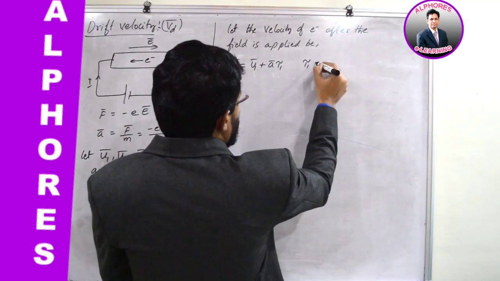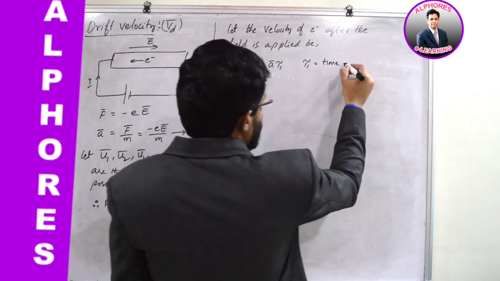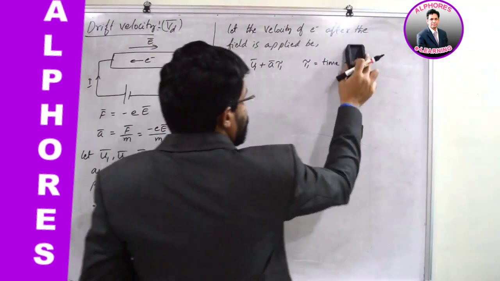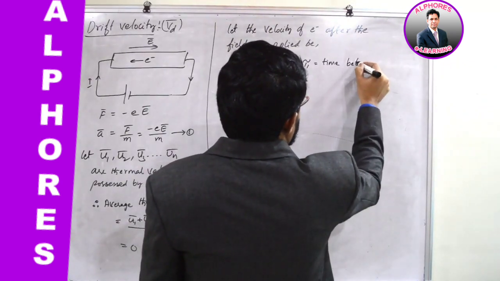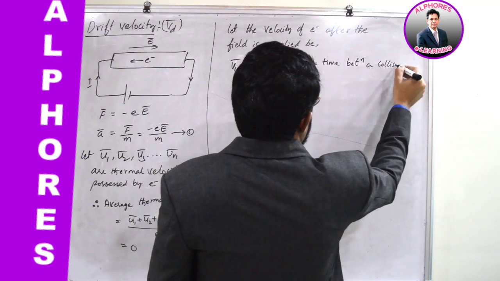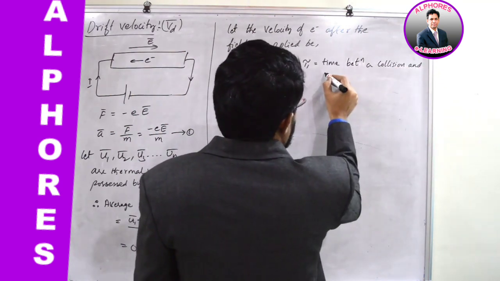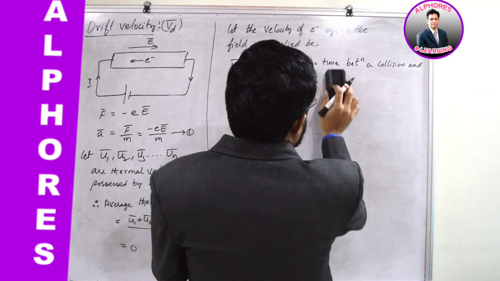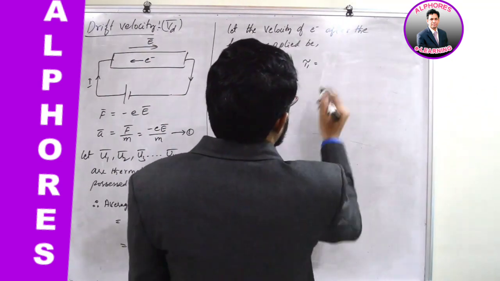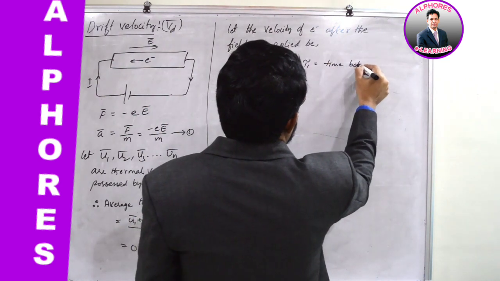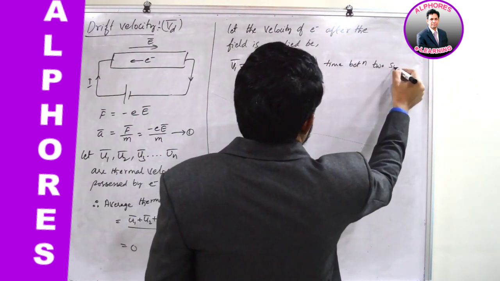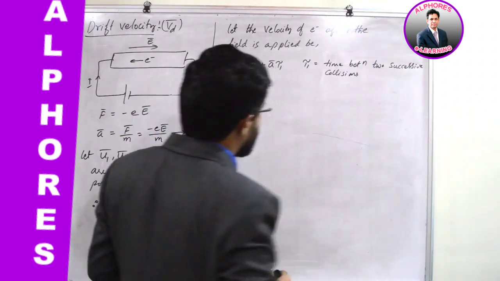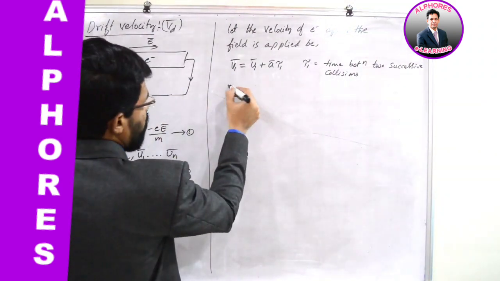Tau 1 is the time taken, or you can call this the time between a collision and a previous one, or simply the time between two successive collisions.